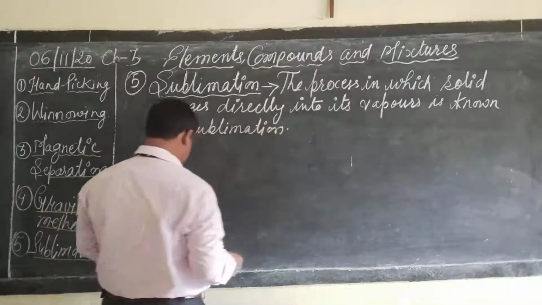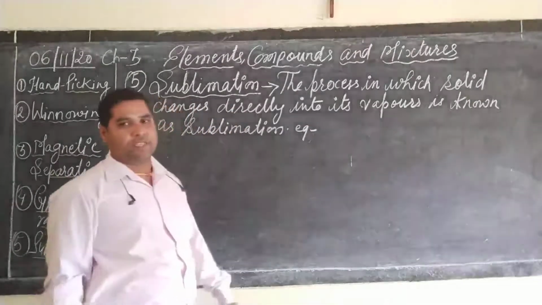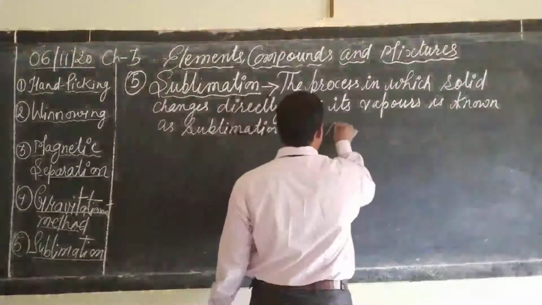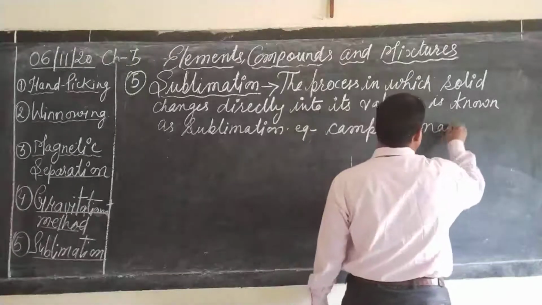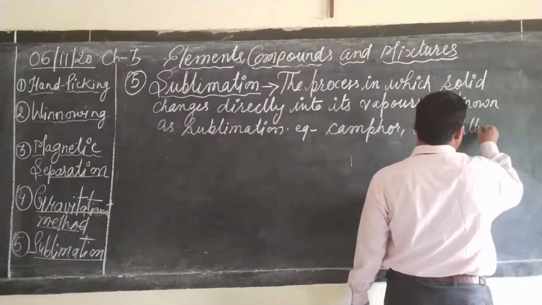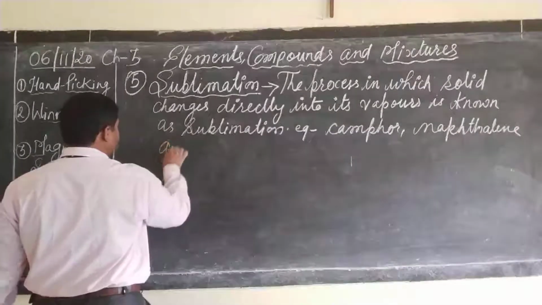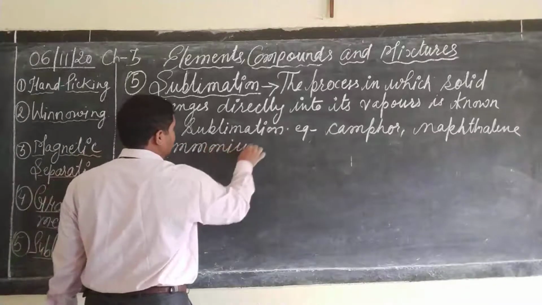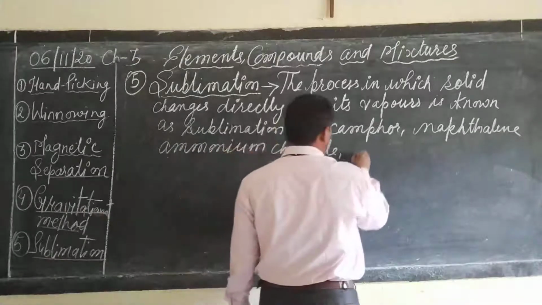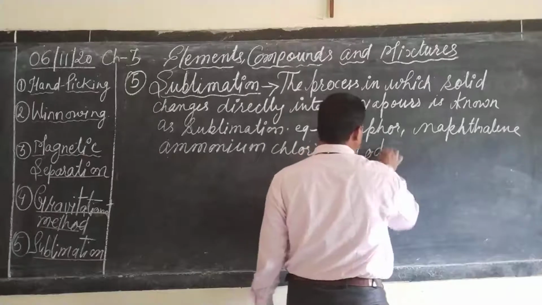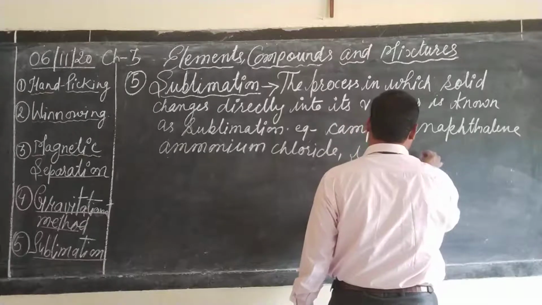The substances which show the sublimation process are, for example, camphor, naphthalene, ammonium chloride, iodine, etc.